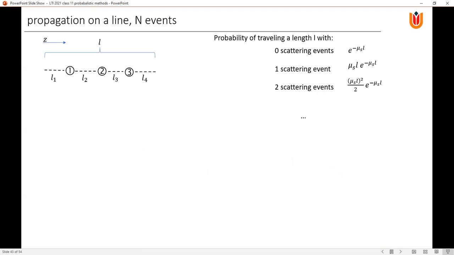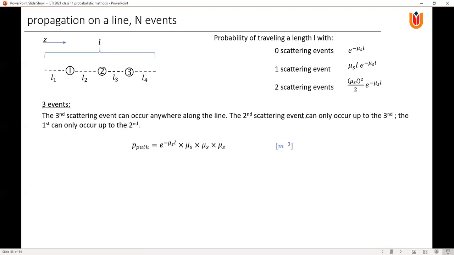Okay, now see how this scales up to n scattering events. Can you make a prediction? Okay, three events. The third event, again reasoning backwards, can be anywhere between 0 and L. The second event can only be between 0 and the third event, and the first event can only be between 0 and the second event.